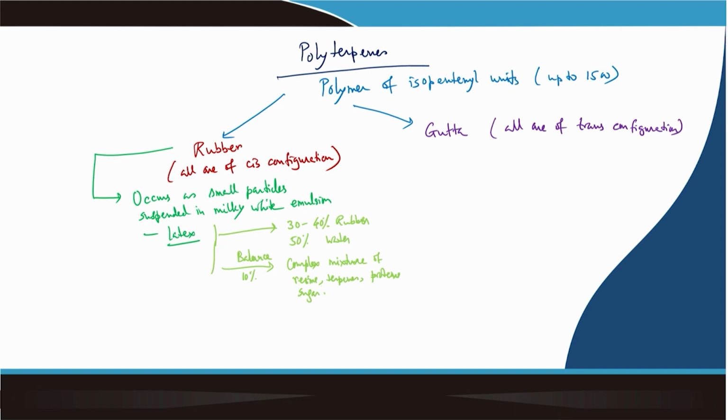So, where are rubbers produced? Rubbers are produced in phloem tissue, and basically accumulated in a series of interconnected vessels.